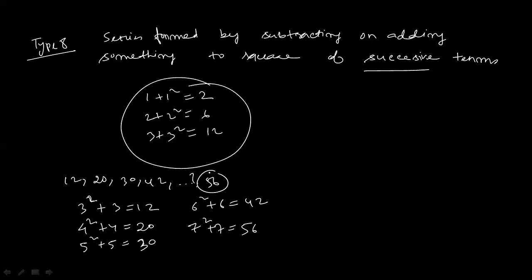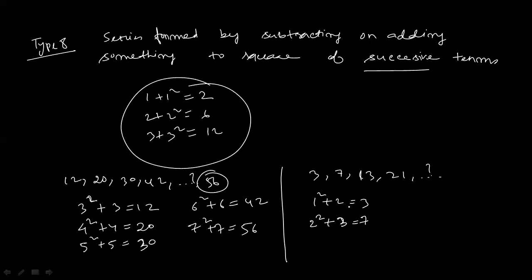So the next term will be 56. This type of question will come. Let me take one example again. Suppose 3, 7, 13, 21. You have to find the next one. Now see here: 1 square plus 2 will be 3, then 2 square plus 3 is 7, why?